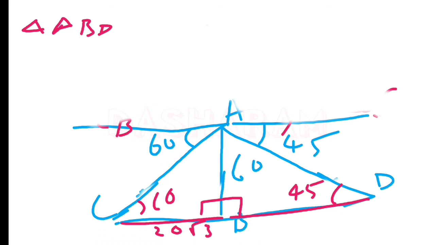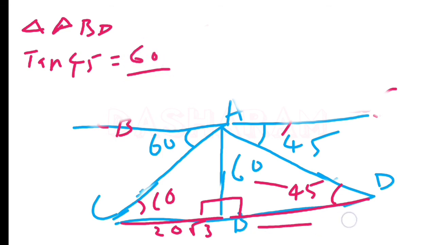Next, in triangle ABD, apply tan 45 degrees. Tan 45 equals the opposite side, that is AB, AB value how much? 60, divided by the adjacent side, that is BD. Tan 45 is 1, which equals 60 by BD.